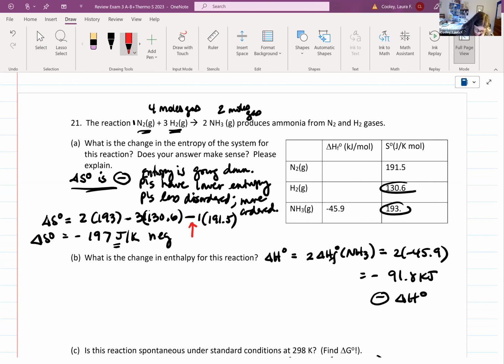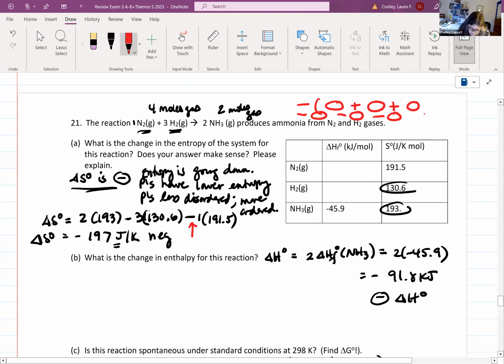Right, but when you subtract the sum of the reactants, you have to subtract. So what I do is I automatically distribute my negative sign. Instead of doing negative of this plus this plus this, I immediately write negative this minus this minus this. Then I don't make a mistake.